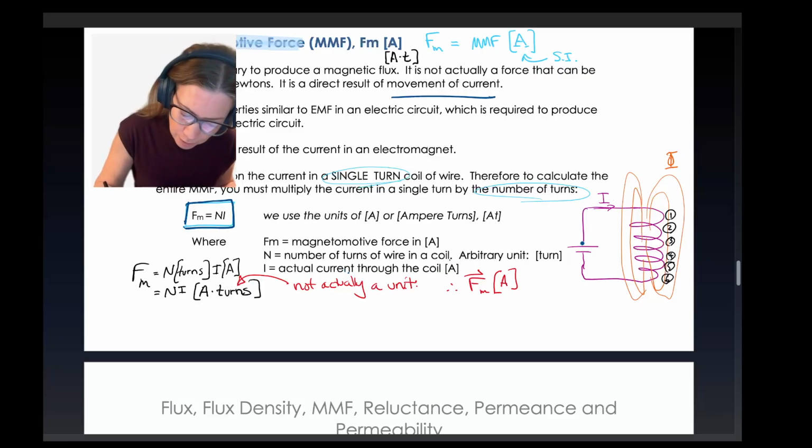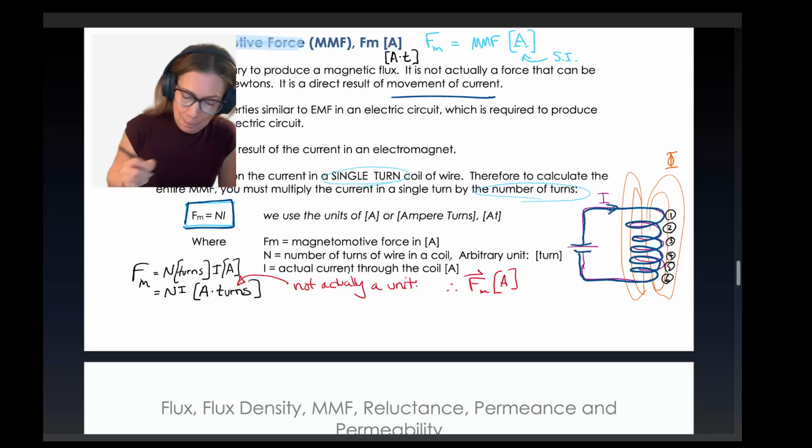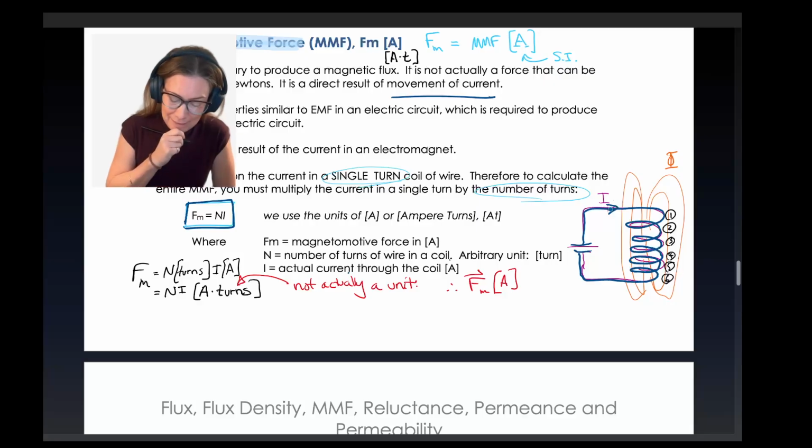So let's look at this coil. This coil has 1, 2, 3, 4, 5, 6 turns in it. It has 6 turns and it has a current flowing through it in conventional current flow like this.